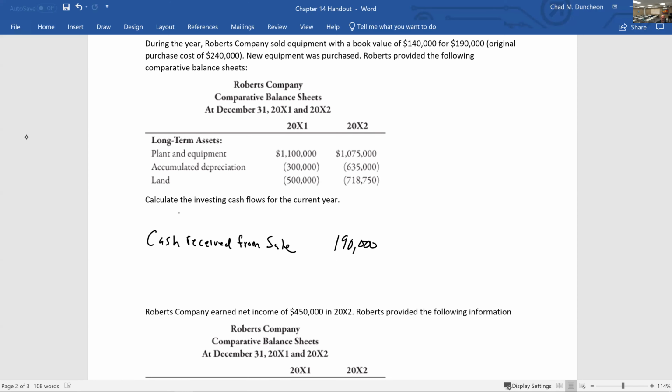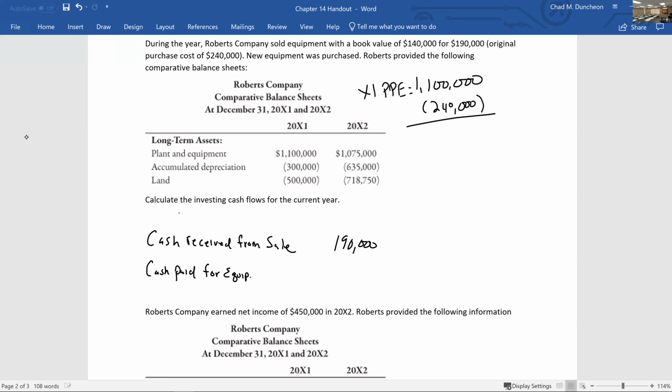It also told us that we bought some new equipment. Okay, so how do we figure that out? Our X1 PP&E equaled $1,100,000. If we sold something that had an original cost of 240, that would be coming off our books.